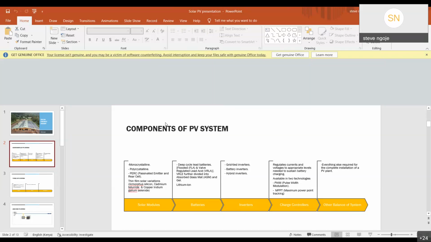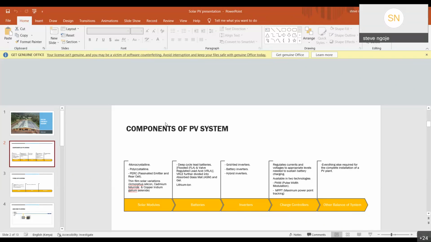Some people will call them string inverters, but pretty much these are inverters that you feed DC to and they give you an AC output, but they can't charge batteries. Their specific use is only to give you power during the day. They can't work at night or anything.